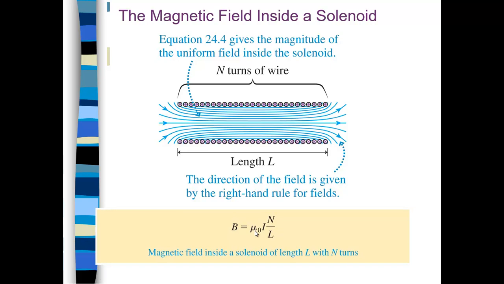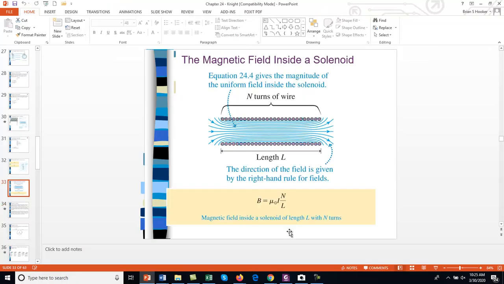Go ahead and switch over to the document camera real quick. So that's the number of wraps divided by the length. Sorry, everybody's looking at this video and getting car sick because we can't focus it.